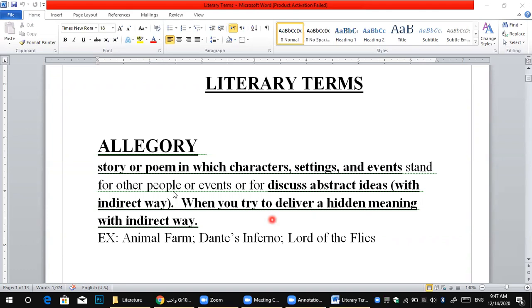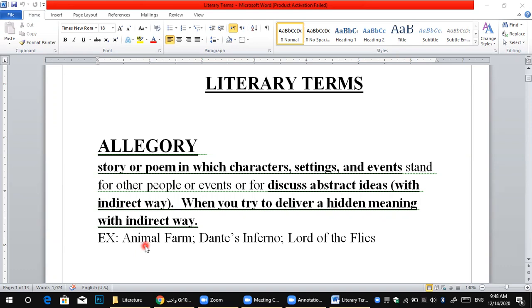So again, what does allegory mean? It's a story or a poem that tries to send a meaning in an indirect way, to discuss abstract ideas. What does it mean to discuss abstract ideas? It's when you try to deliver a hidden meaning in an indirect way.